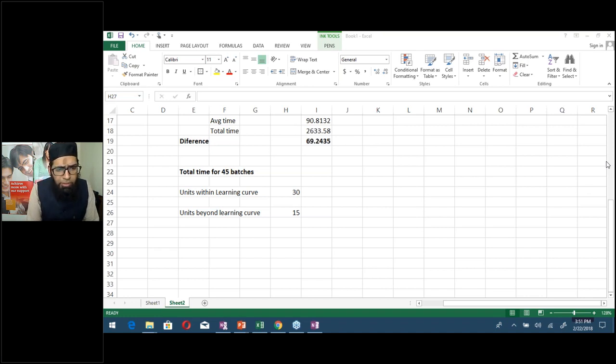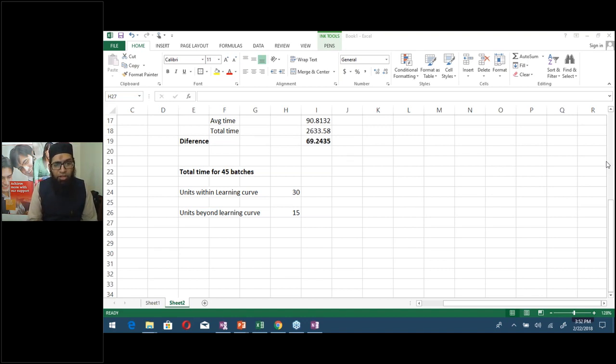Iram has asked me, what if we calculate the time for the 15th batch and then multiply the value with the 30th unit? No, this will be incorrect. It is important to note that the average time that we had calculated is the cumulative average time.